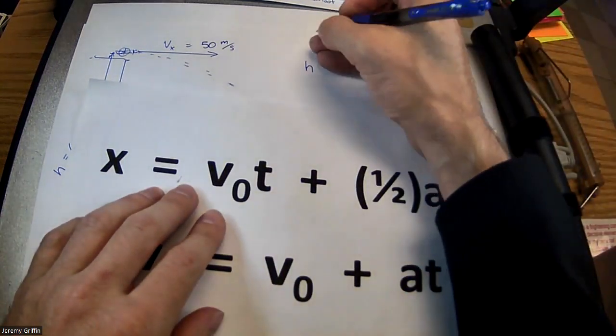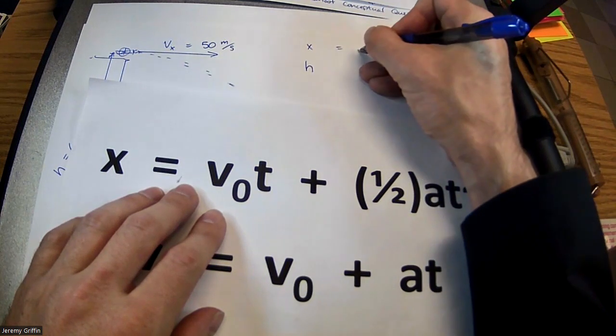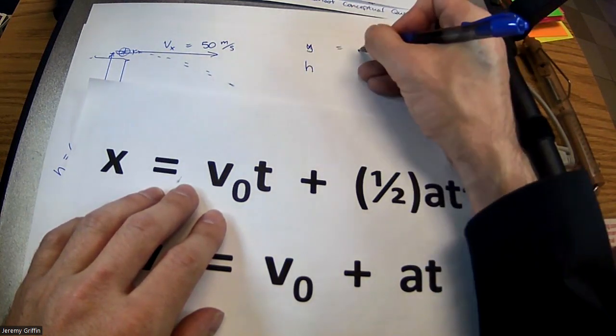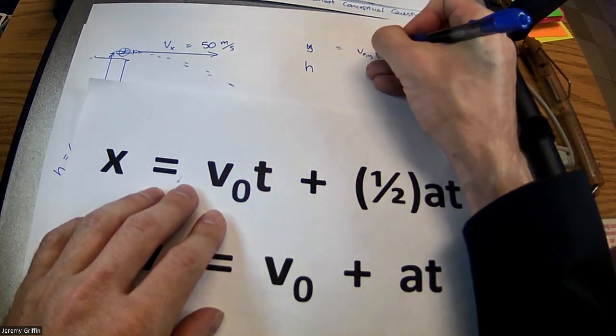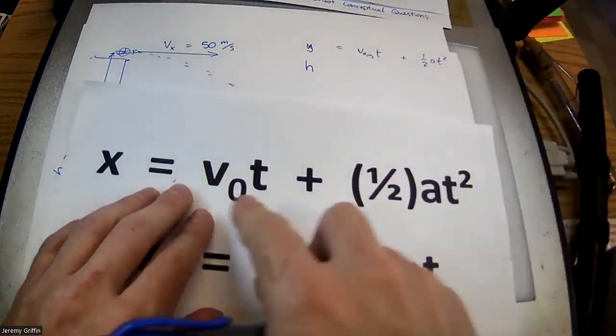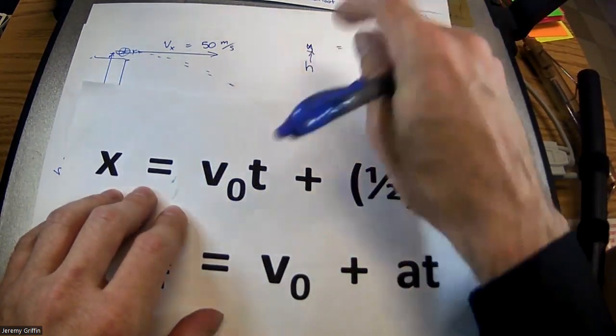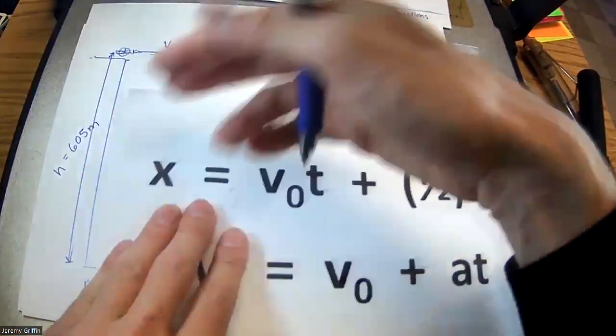Maybe I should write the expanded version. So y equals v naught in the y direction, t, plus 1/2 a t squared, just copying what's here. Height is the vertical change, the height drop or height lift.